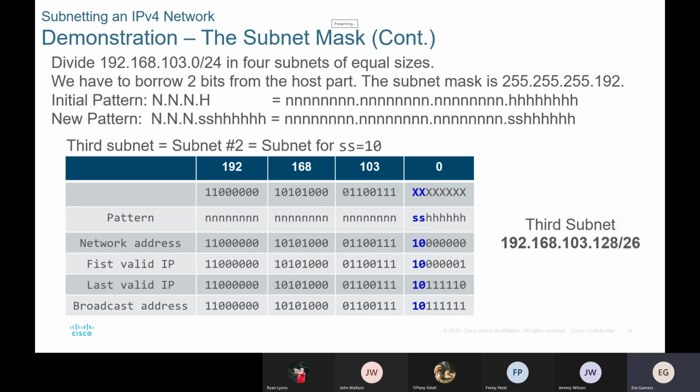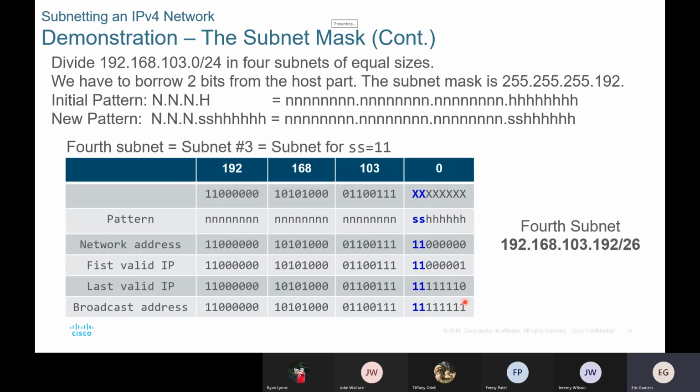Or, for example, let me do it one more time for the last of the 4 subnetworks. The last one should start at 192 and end at 255. Let's verify that. If I'm talking about the last subnetwork, the 2 subnet bits must be 11.